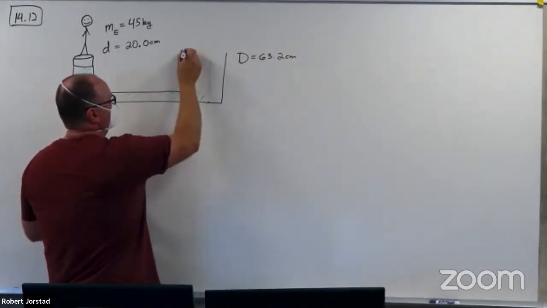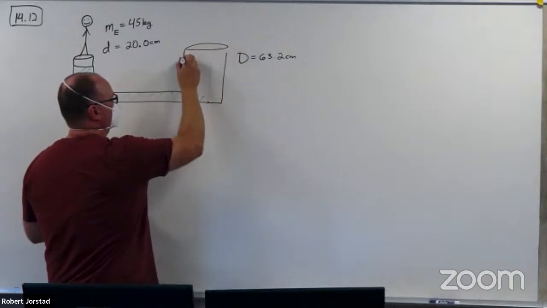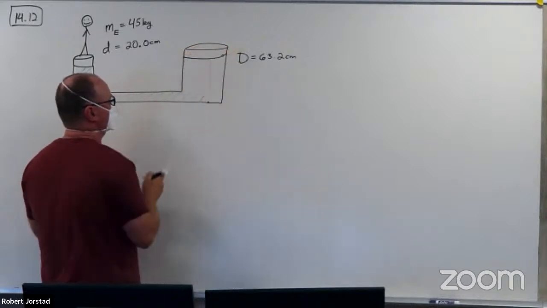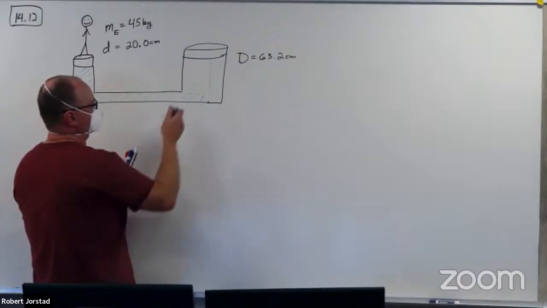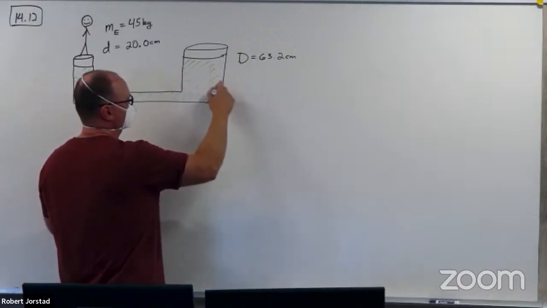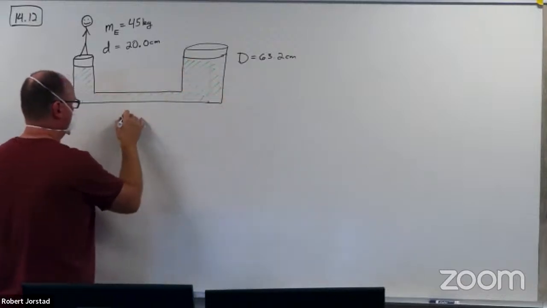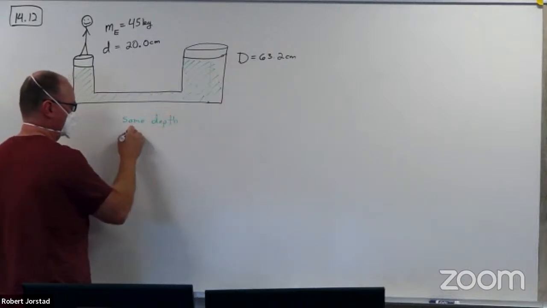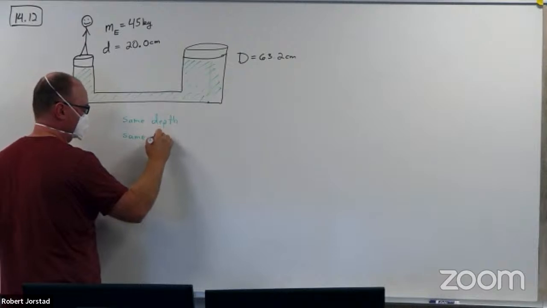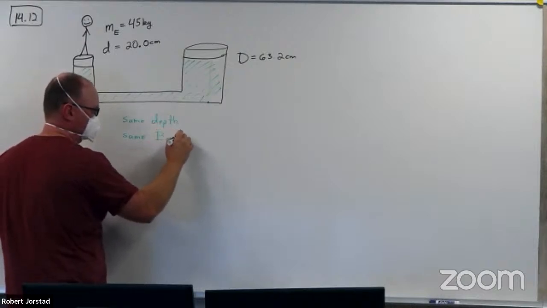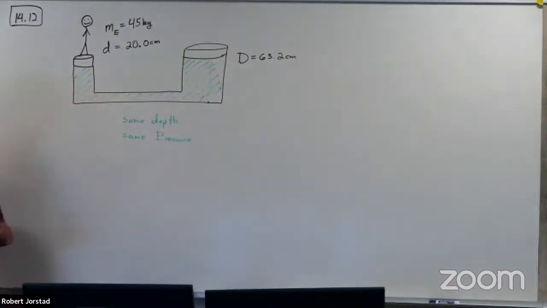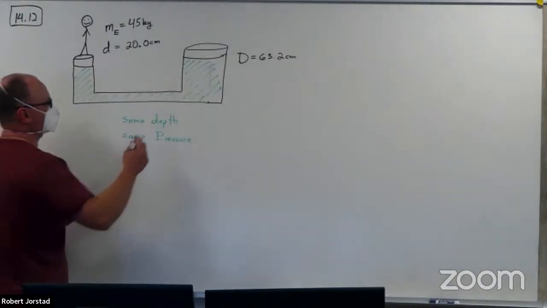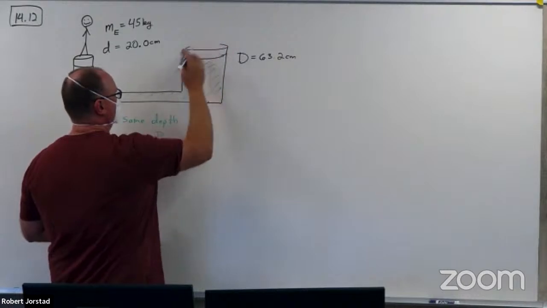And the idea here is we're going to have a piston, and these two are going to be at exactly the same depth. That means they're going to have the same pressure. Furthermore, I'm going to put some uranium on here because it's fun.